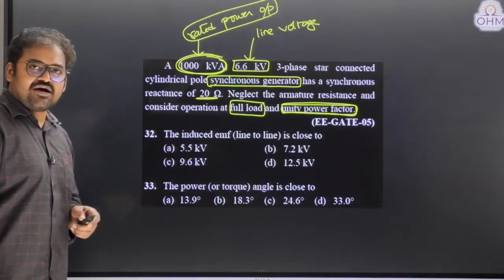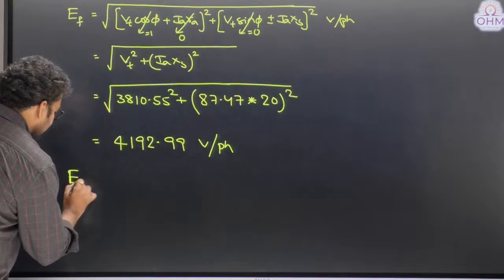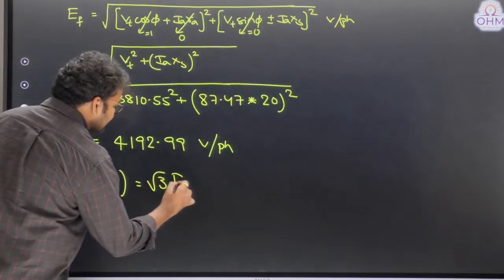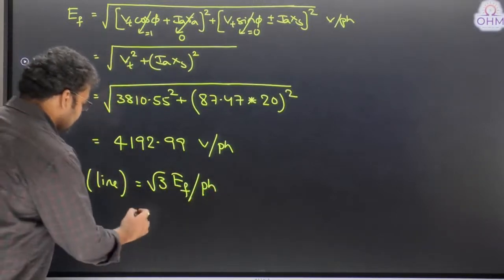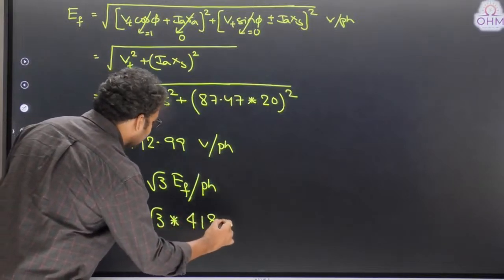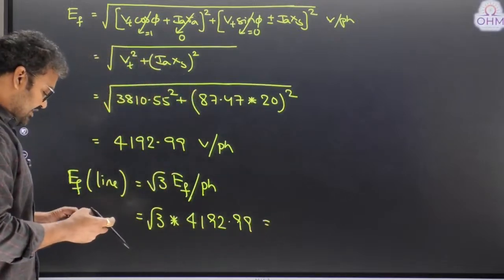Line voltage we are asked to calculate. So therefore, the line voltage, induced EMF line voltage, will be equal to root 3 times induced EMF per phase because it is star connection. So root 3 into what is the phase voltage? 4192.99. You will get line voltage.